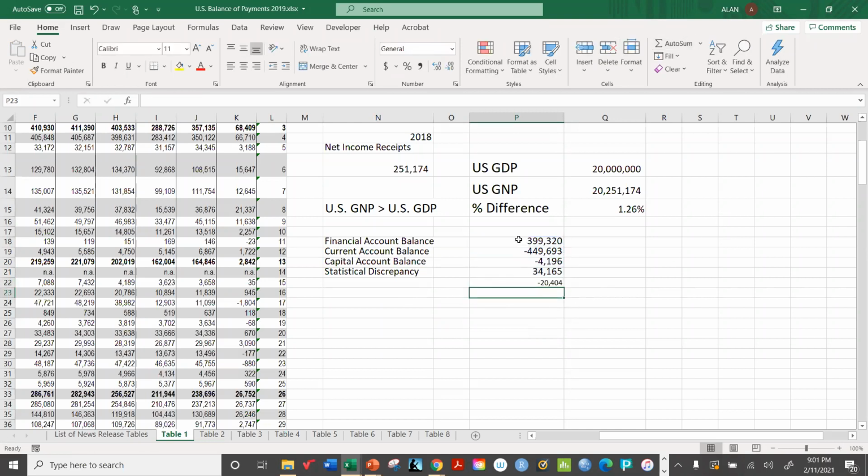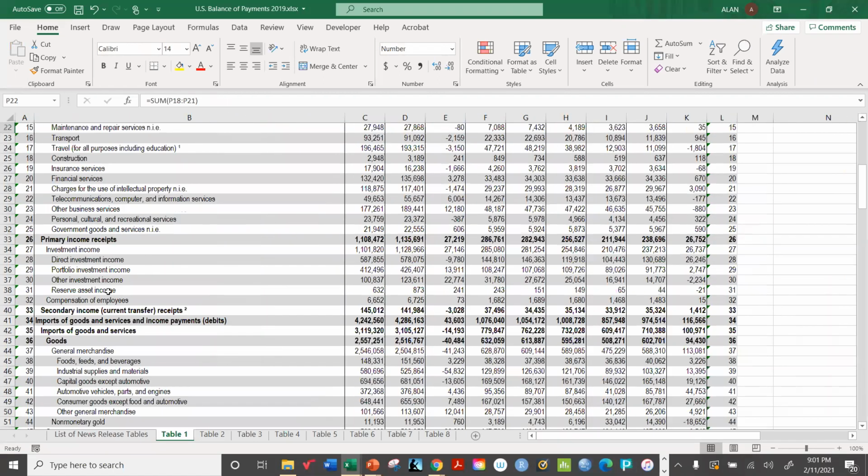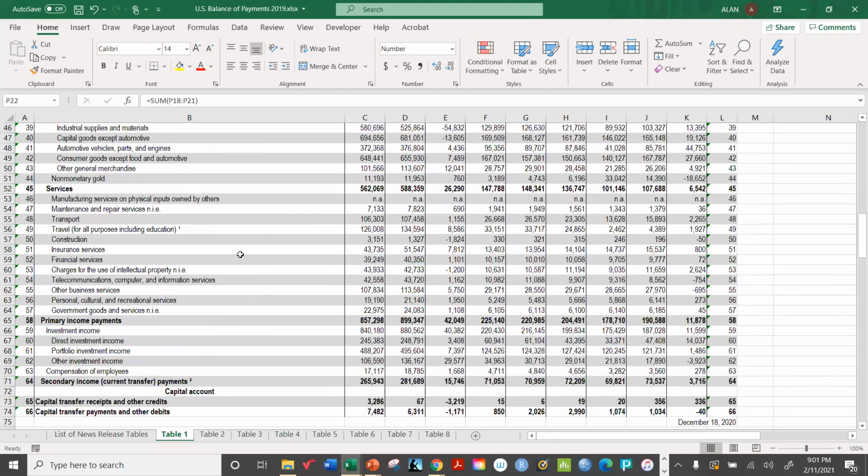And you can see it's not zero, but it's very close. The idea here is that the statistical discrepancy is what we need to make these three numbers balance out. In other words, these three, in principle, are supposed to add up to zero. And when they don't, we have the statistical discrepancy, which is supposed to bring it into balance. Now, here it looks like it's off a little bit. I'm not quite sure why, but that's what it's doing there.